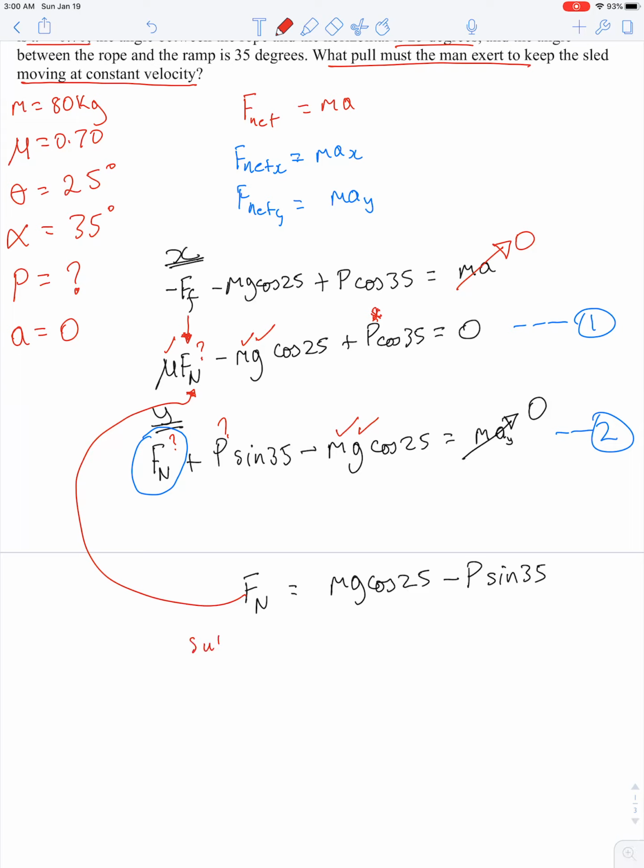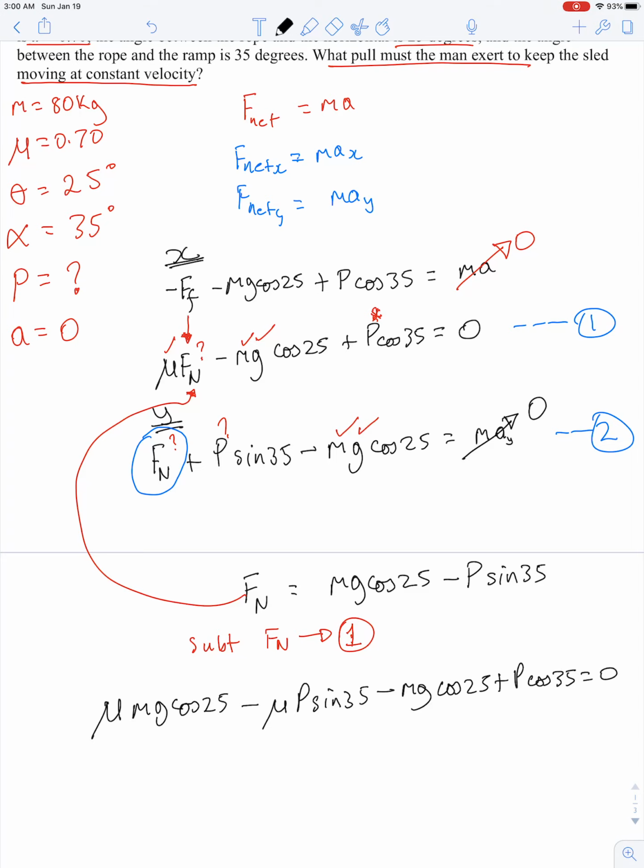I substitute Fn into equation 1. Wherever I see Fn, I'll put that long thing there. So that gives me mu mg cosine 25, and I'm just going to multiply it out, minus mu P sine 35, minus mg cosine 25, plus P cosine 35 equal to 0.